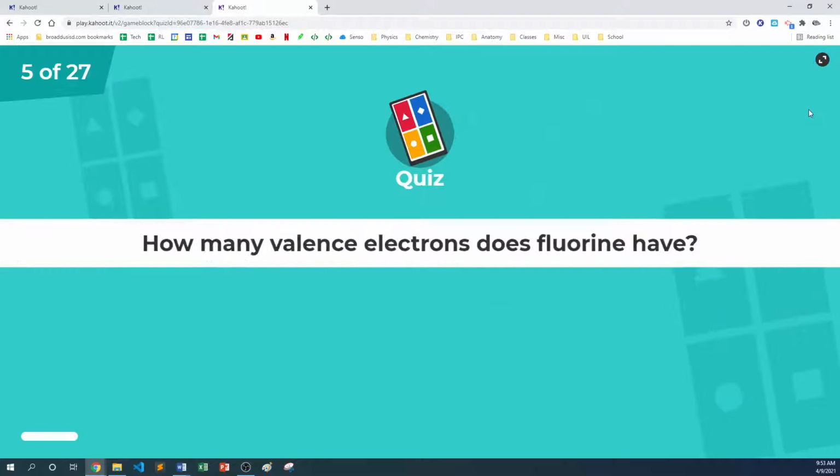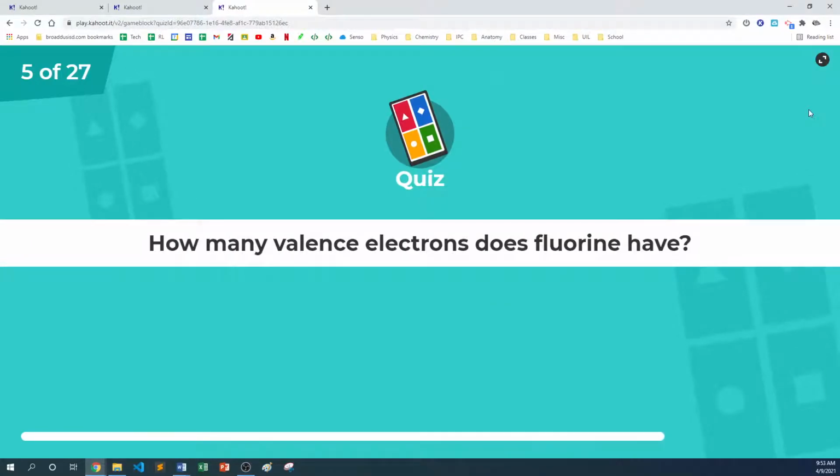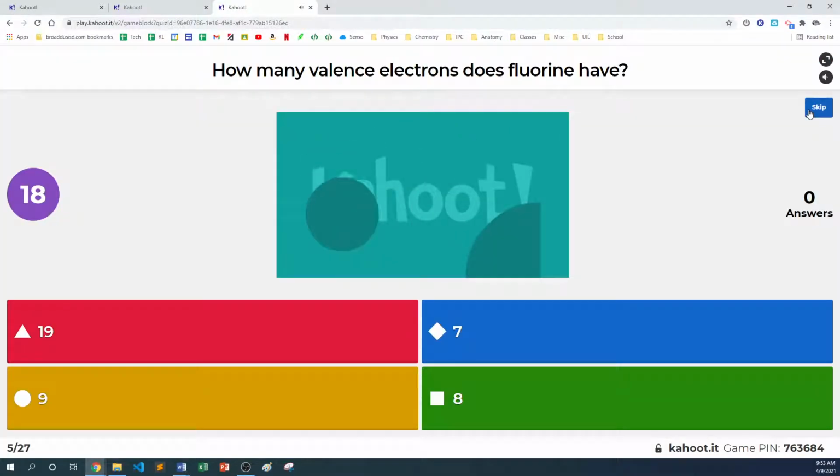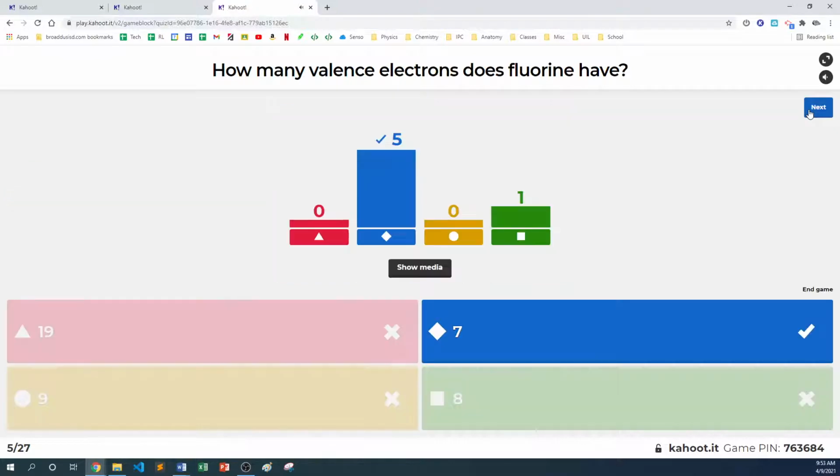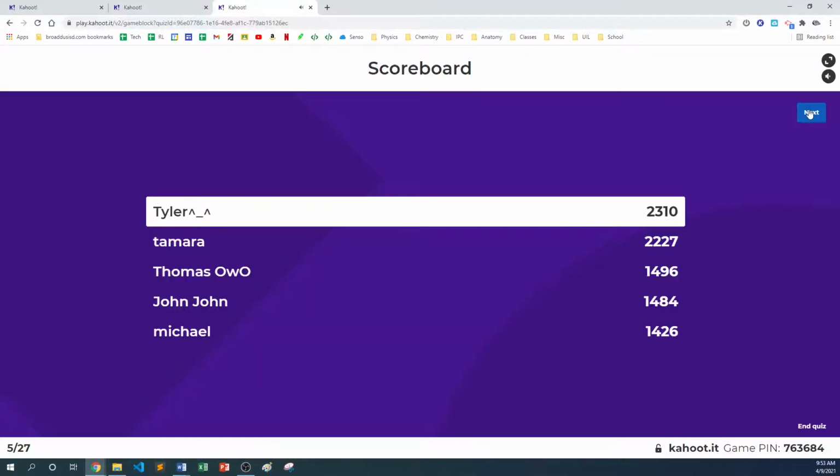We couldn't do all that in my head. You should have been able to. How many valence electrons does fluorine have? Oh god. I do have 19. 7, it's in group 7A.